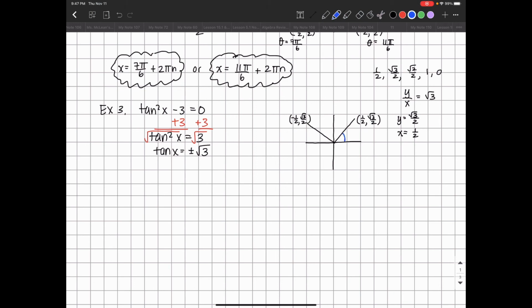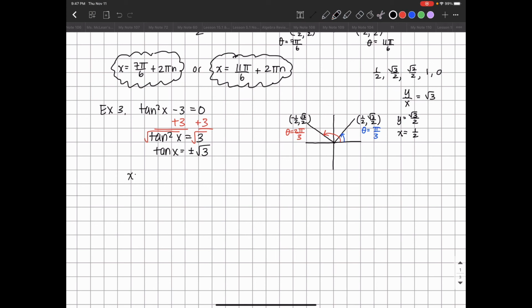This angle here, that angle there is pi over 3. And then this angle going to that terminal side, that angle is 2 pi over 3.